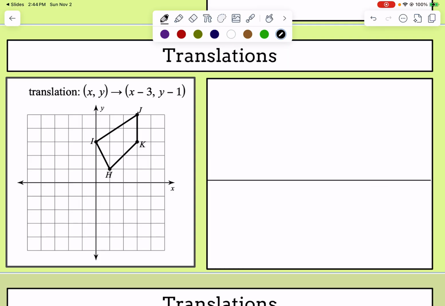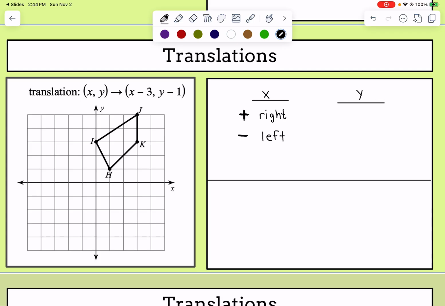One is to remember that when you shift your x terms, if you have x plus a number, it's going to move to the right. If you have x minus a number, it's going to move to the left.